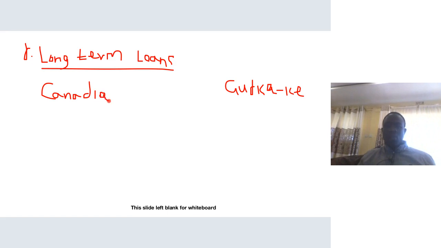Now the loan amount is 10,000 Canadian dollars.